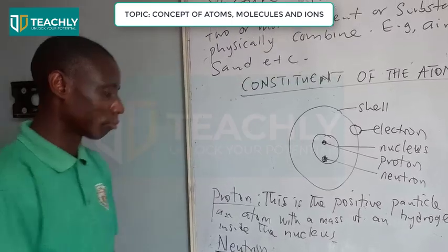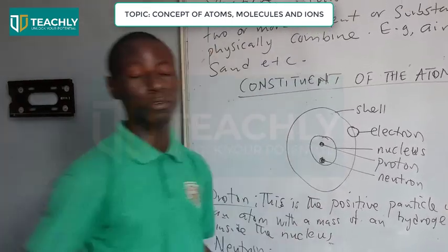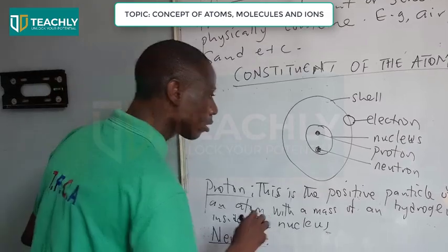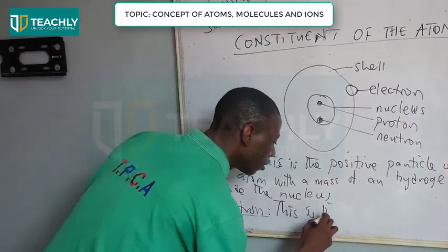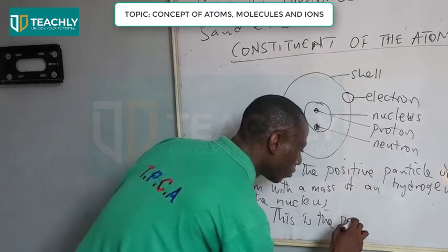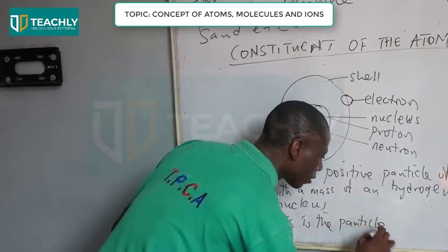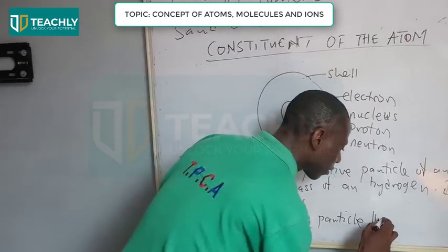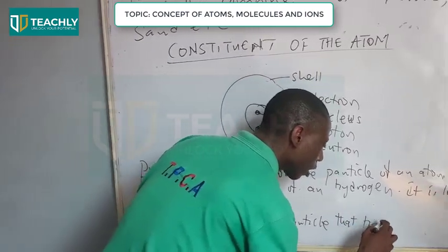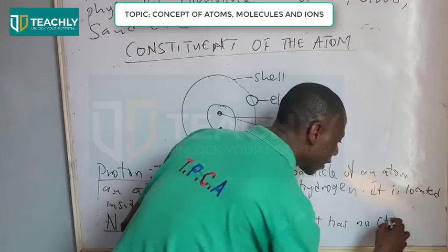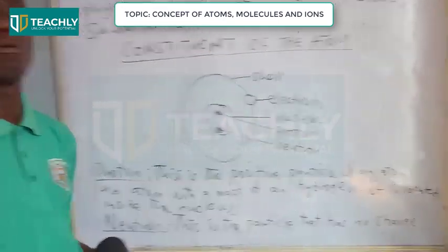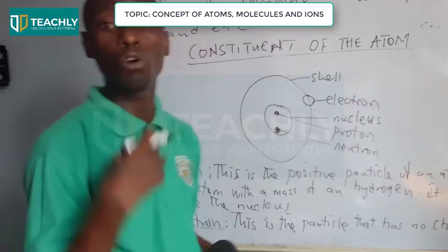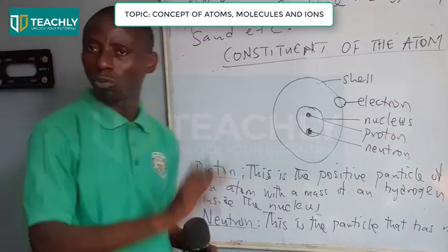The neutron is also inside the nucleus. This is the particle that has no charge. That means it is neither positive nor negative. It has no charge.